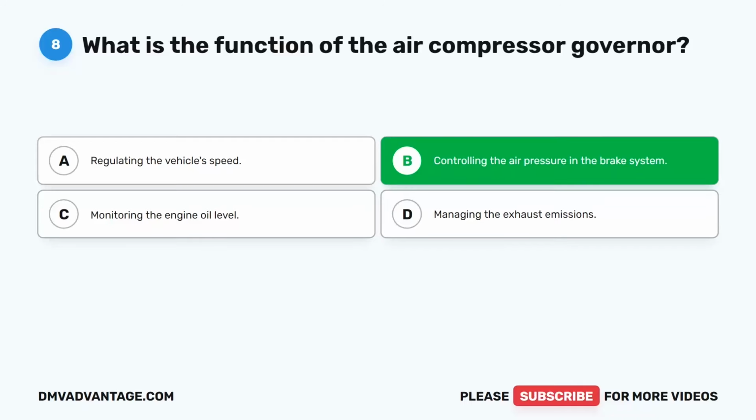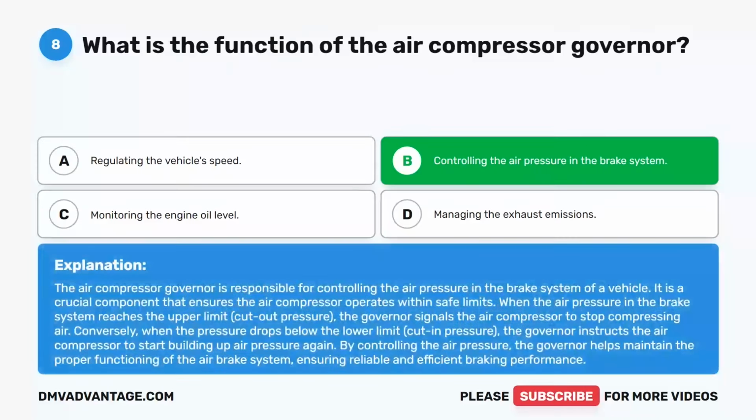Controlling the air pressure in the brake system. The air compressor governor is responsible for controlling the air pressure in the brake system of a vehicle. It is a crucial component that ensures the air compressor operates within safe limits. When the air pressure in the brake system reaches the upper limit, cutout pressure, the governor signals the air compressor to stop compressing air.